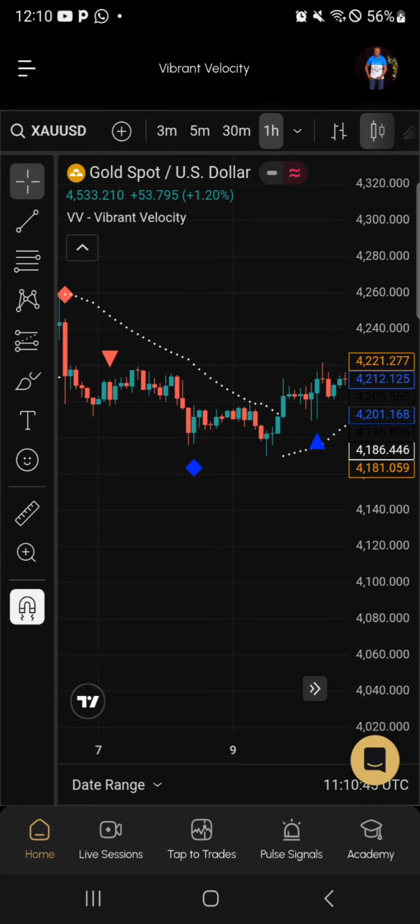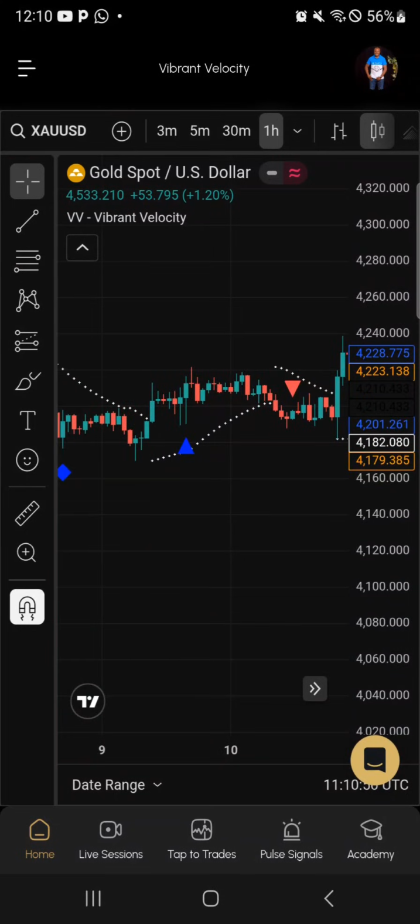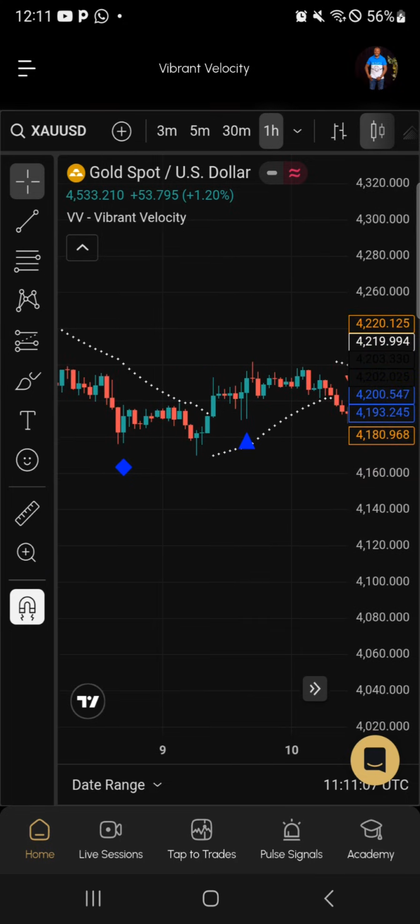So anytime you see this blue diamond at the bottom of the candle like this, or you see a dot like this in 1 hour time frame, or you see a blue triangle like this in H1, we call it 1 hour time frame, or H1 time frame. Anytime you see any of these, it might not be 3 together like this.